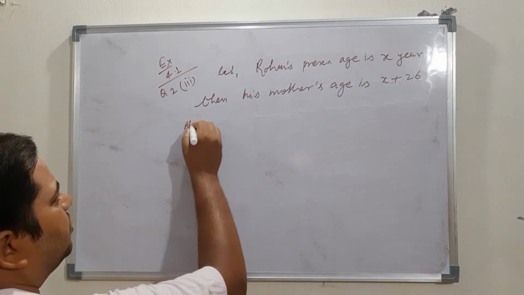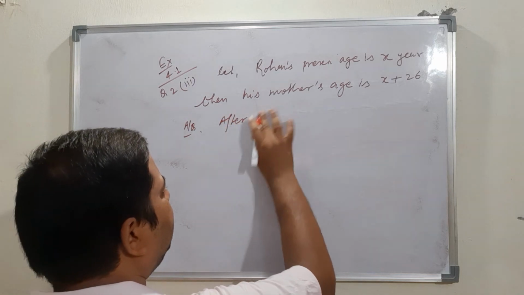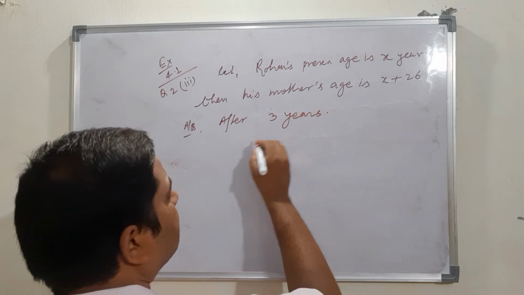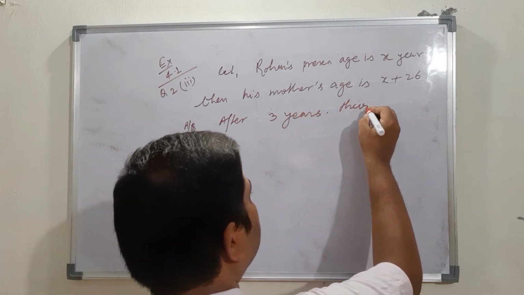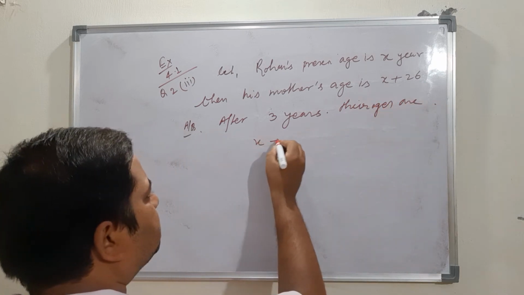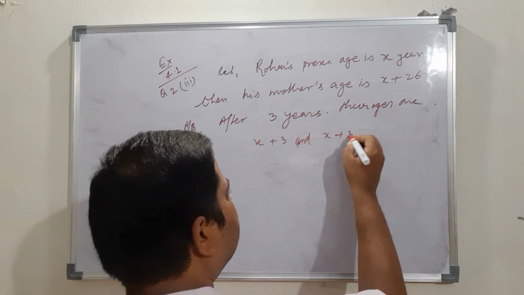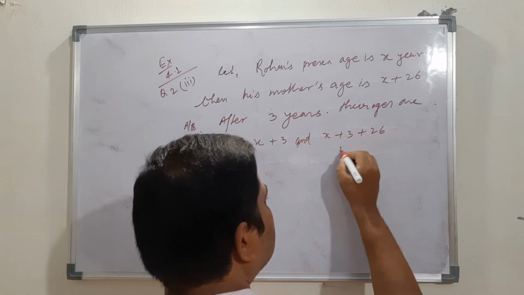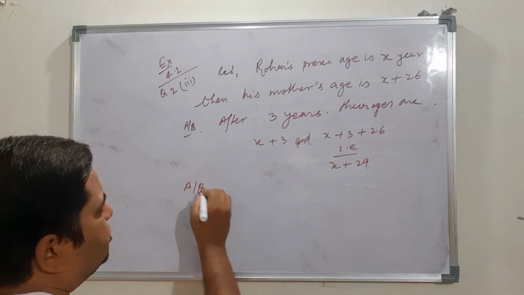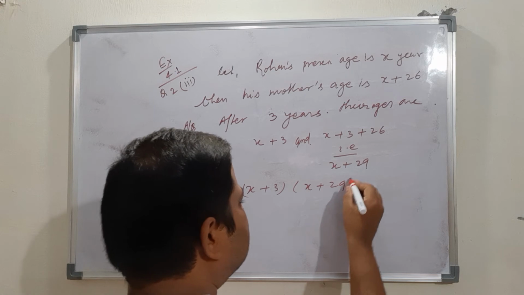So according to the question, after 3 years their ages are x plus 3 and x plus 3 plus 26, that is x plus 29. According to the question, x plus 3 and x plus 29 should have a product of 360.